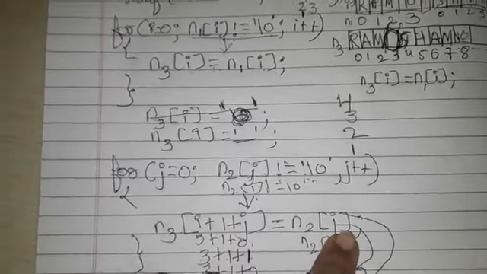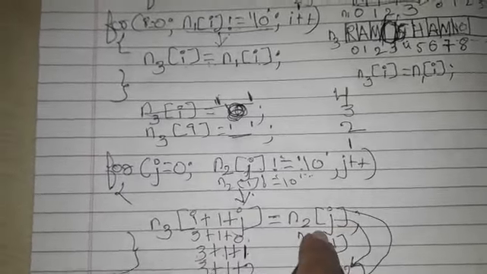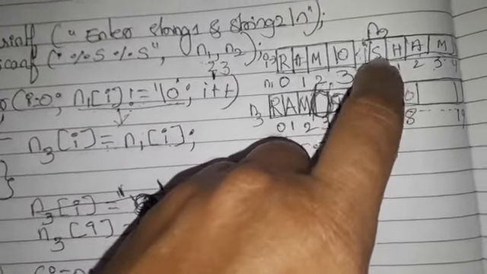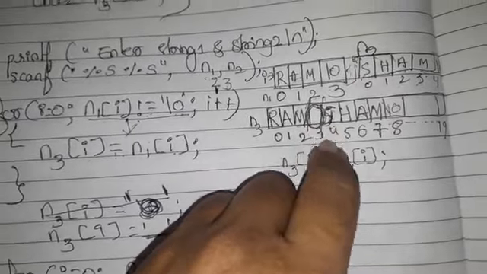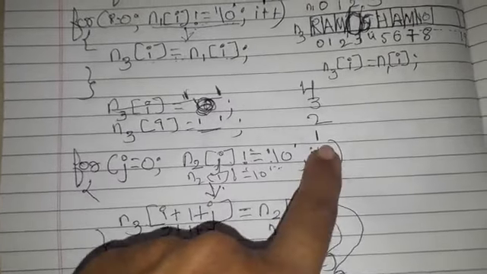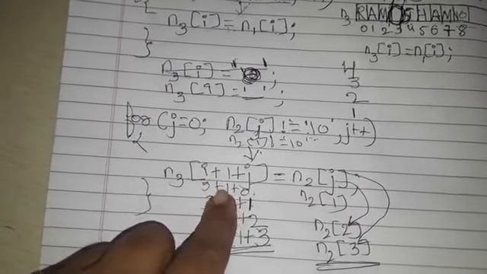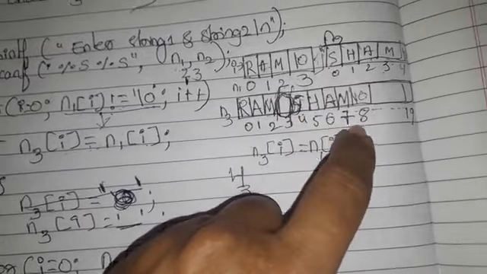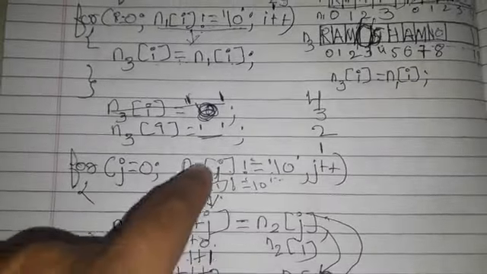Here I am considering the 0th element of N2, which is S. That is N3 of 4 is equal to N2 of 0. j plus plus, it will become 1. So 3 plus 1 plus 1, because the j value is 1. N3 of 5 is equal to N2 of 1. What is N2 of 1? It is H. Like that it will be considered till this particular condition becomes false.